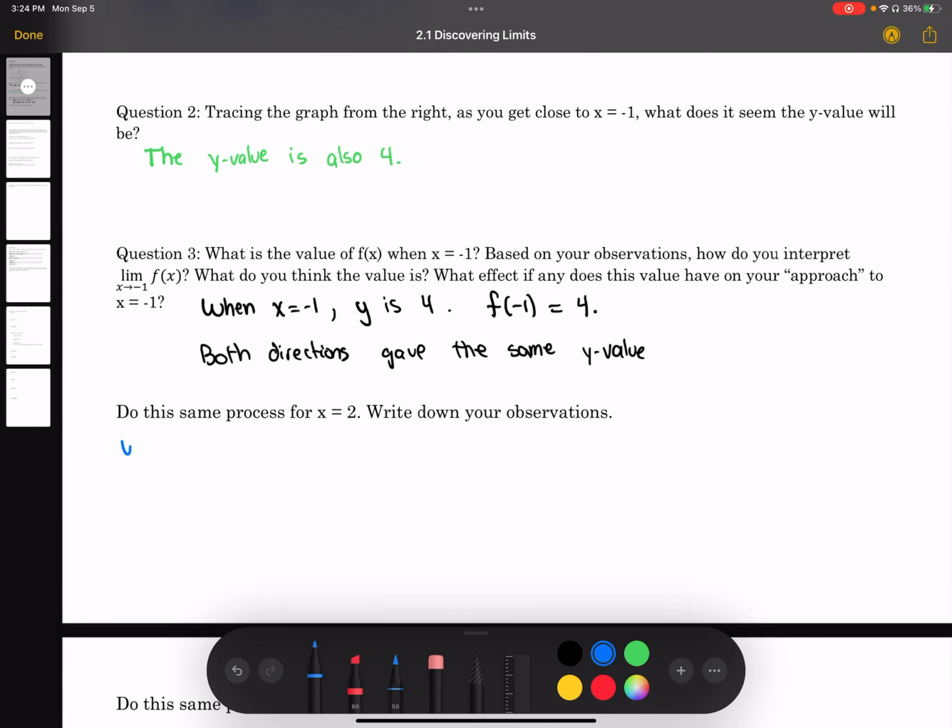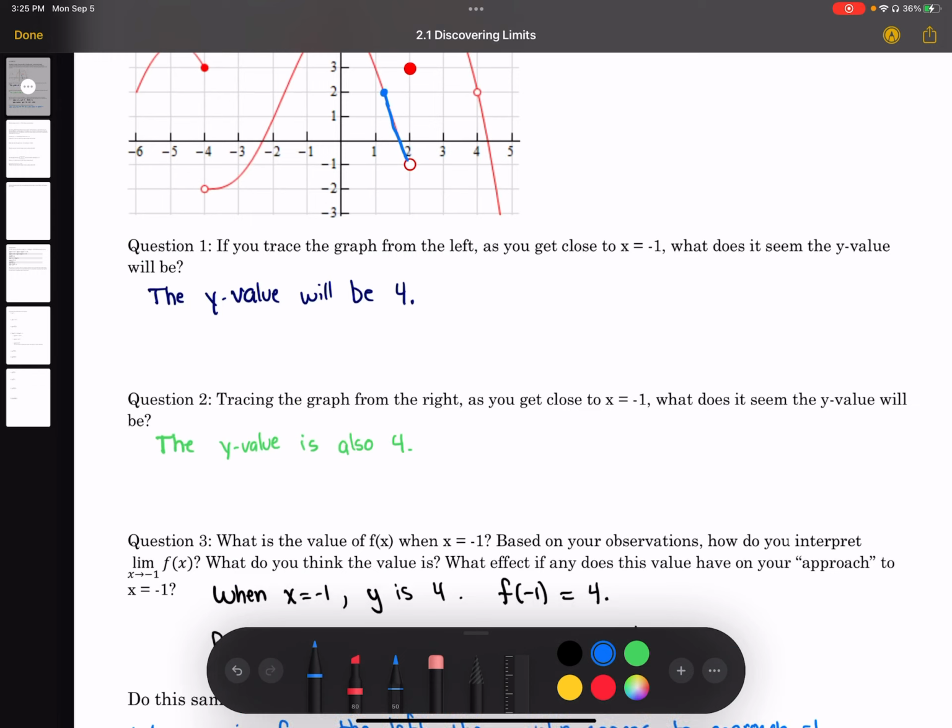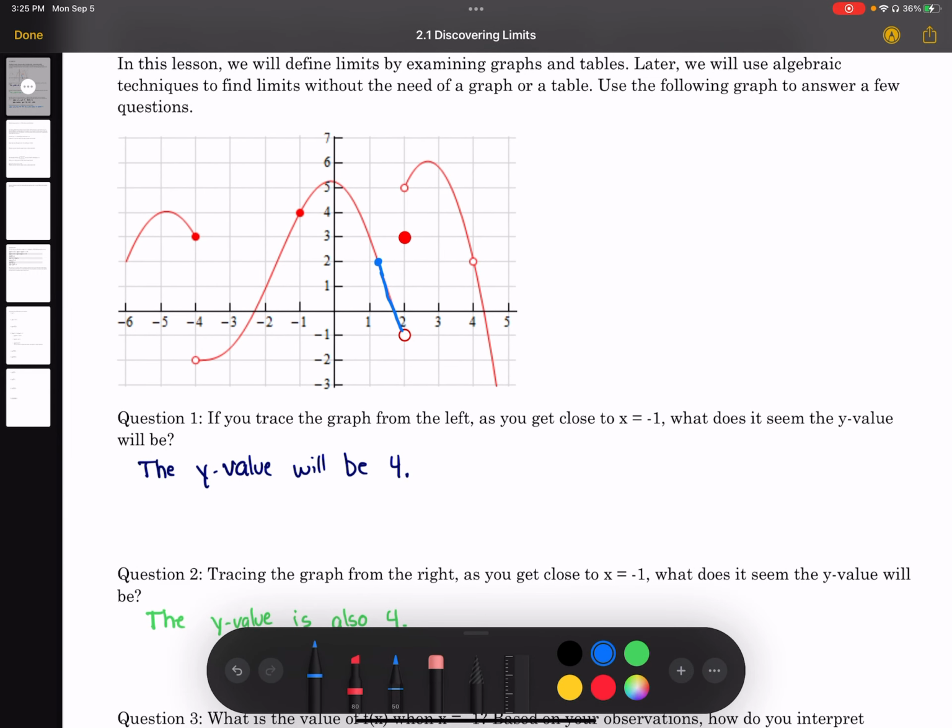So we'll write, when coming from the left, the y value seems to approach -1.